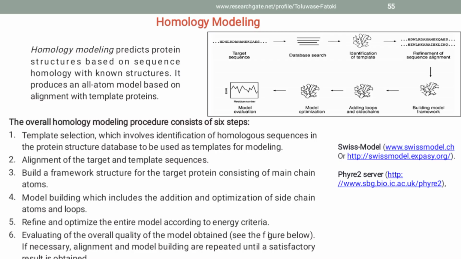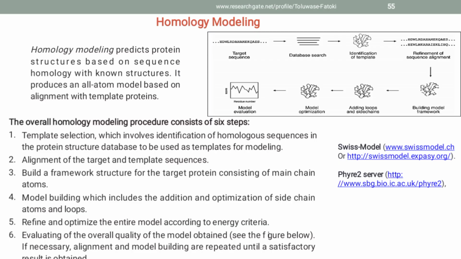Okay. To do homology modeling, we have 6 steps. You have to consider 6 steps. Number one, you have to make a good template selection. It is based on the percentage identity, percentage similarity, and then the type of tertiary structure.